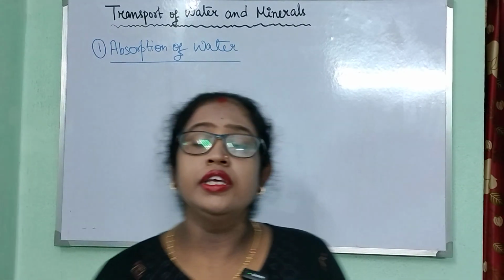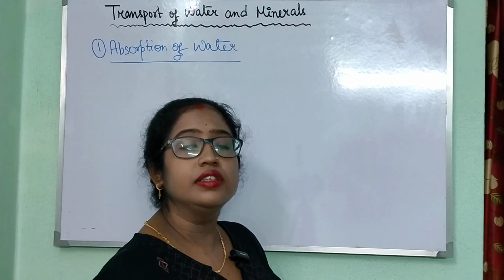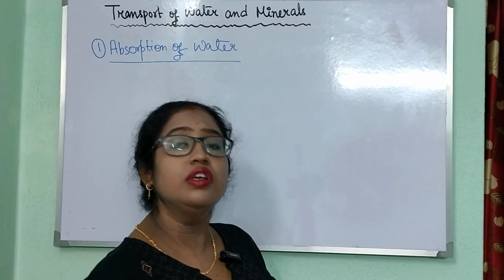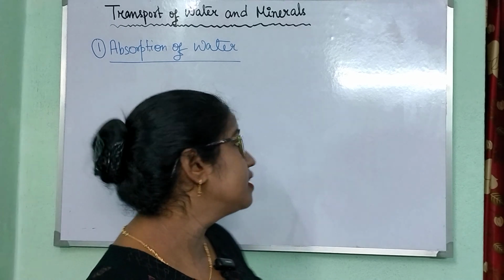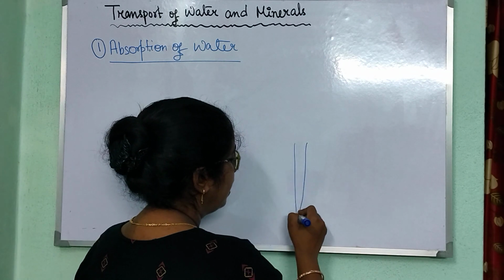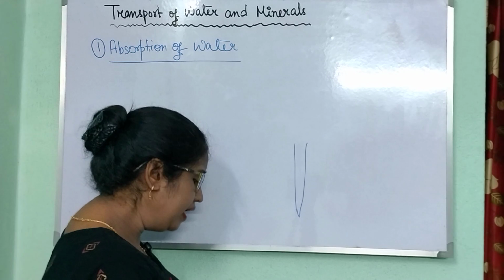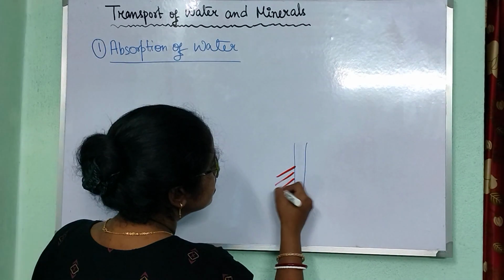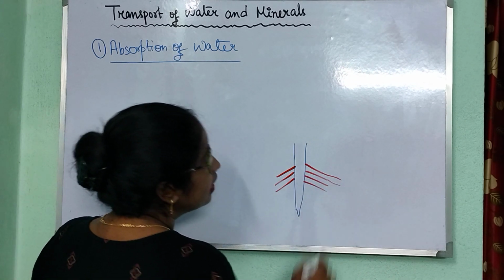So the root hairs present in the root system of the plant mainly absorb the water from soil. These are minute hair-like projections of the root, and these hair-like projections are known as root hair.